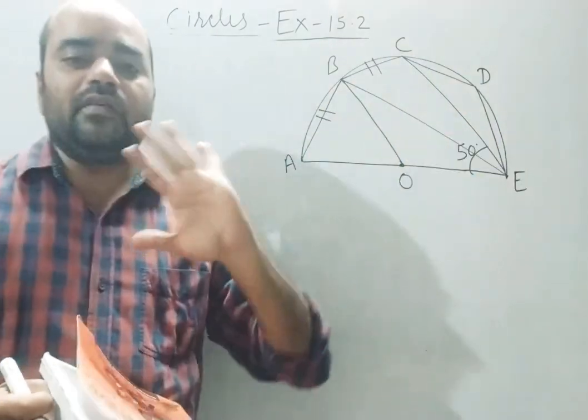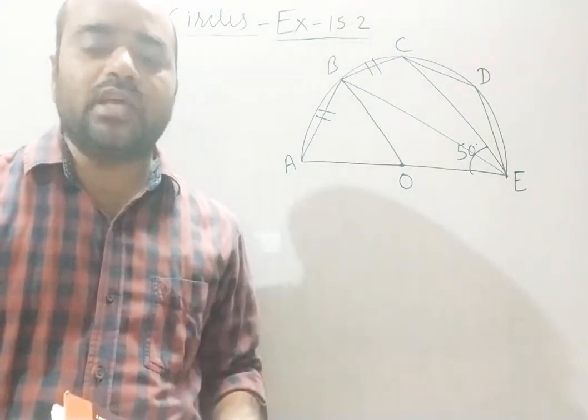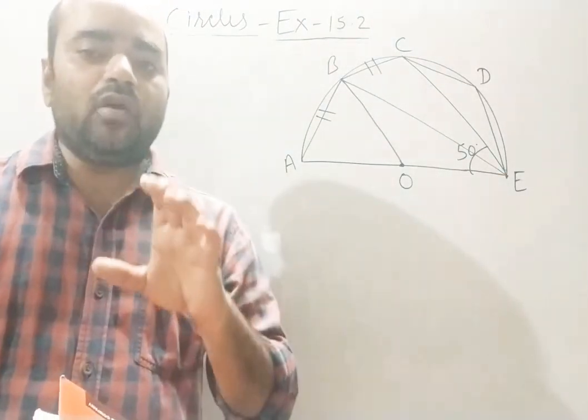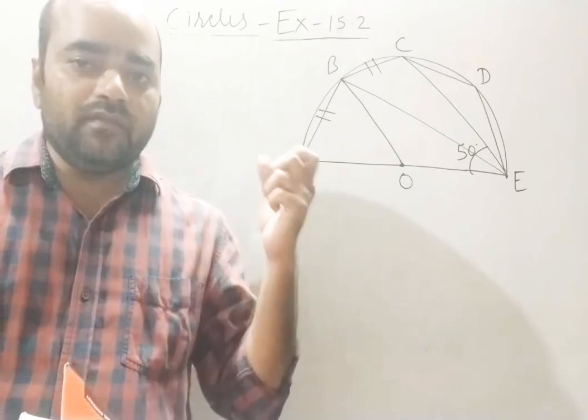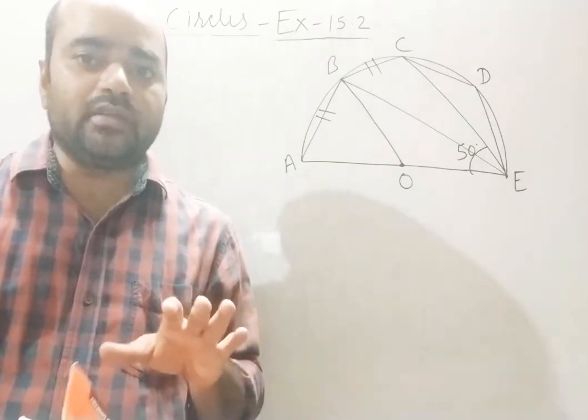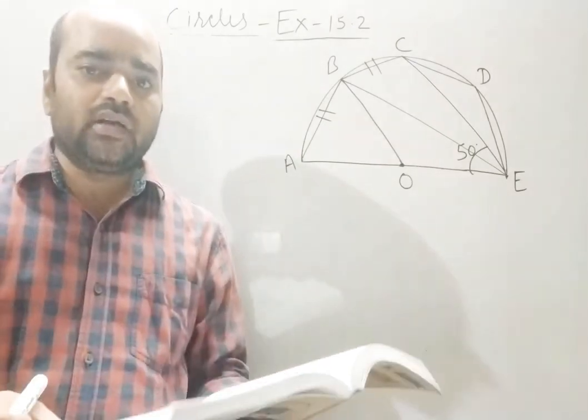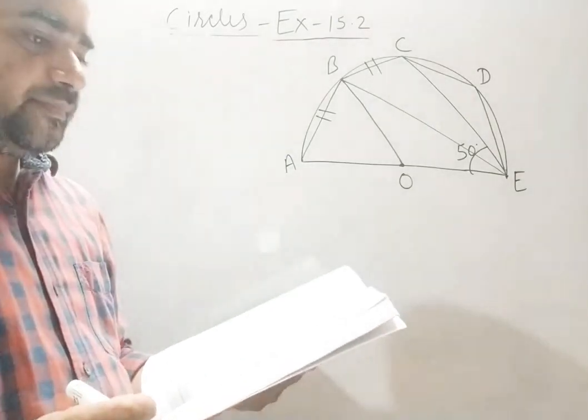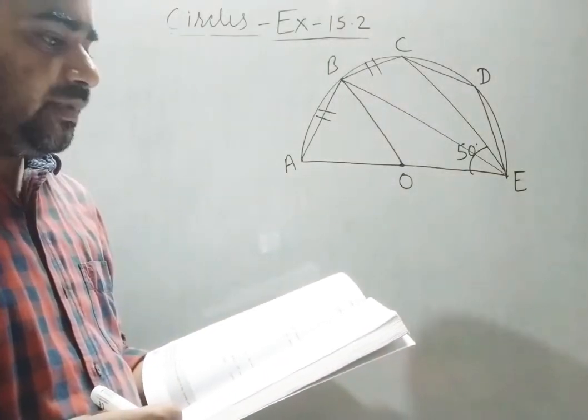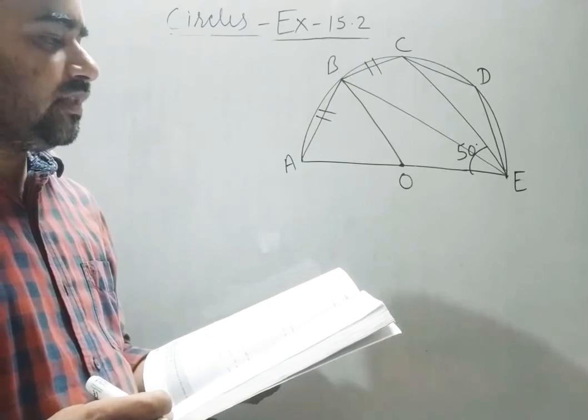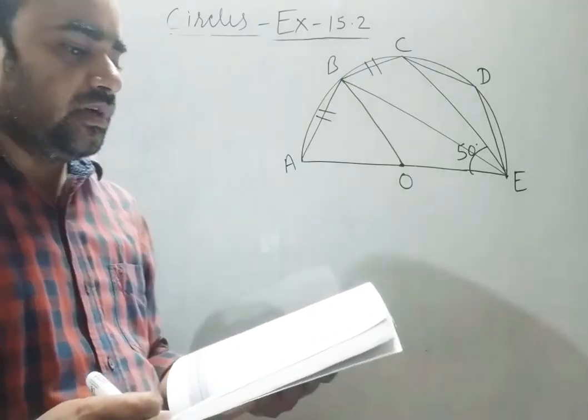Whenever we are going to apply the concepts of cyclic quadrilateral, we want 4 points which are joined to form a quadrilateral. That will give a cyclic quadrilateral. So next is, all are joined, no? A, B, O, B, C, C, D, C, E, correct.